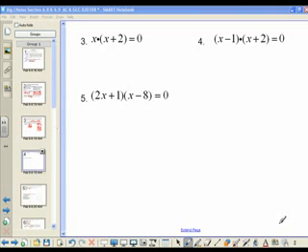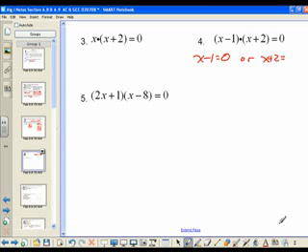When you're doing equations like this one, you're going to say x minus 1 equals 0, or x plus 2 equals 0. One or the other has to equal 0, based on our zeroth property, the principle of zero products. So I'm going to add 1 to both sides for this one, x equals 1, or x equals negative 2.